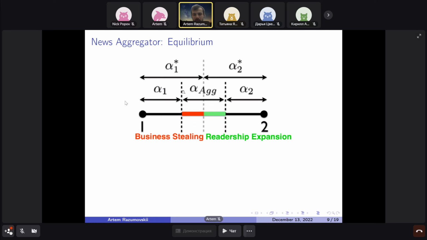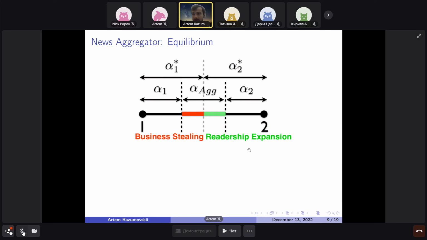Now we have two indifferent agents: the one between the aggregator and agency 1 is lower than the indifferent agent in the first case, and the one between the aggregator and agency 2 is higher than the previous indifferent agent. Those joining agency 1 are alpha 1, then we have alpha aggregator, those who go to the aggregator, and alpha 2 goes to agency 2.